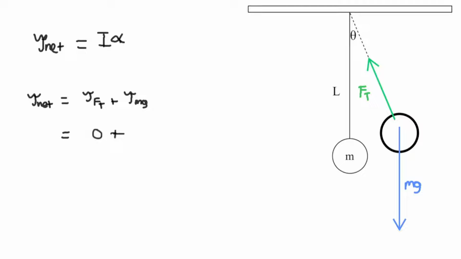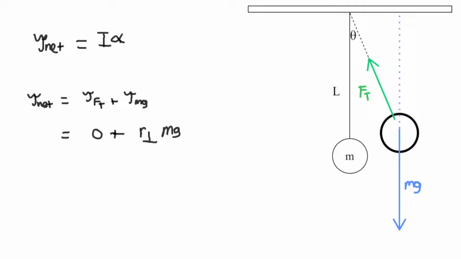For mg, we're going to use what we typically do and use the lever arm definition of torque, where we take the lever arm and multiply it by the force. The lever arm is the shortest perpendicular distance from the line of action of the force to the pivot point. So I'm just going to extend my line of action up.